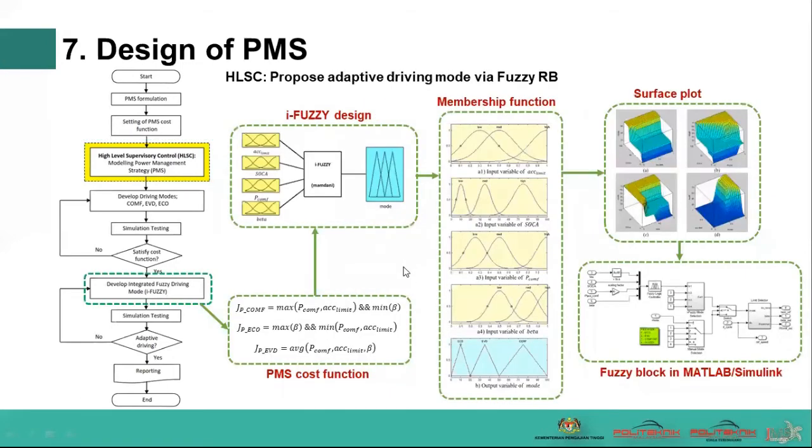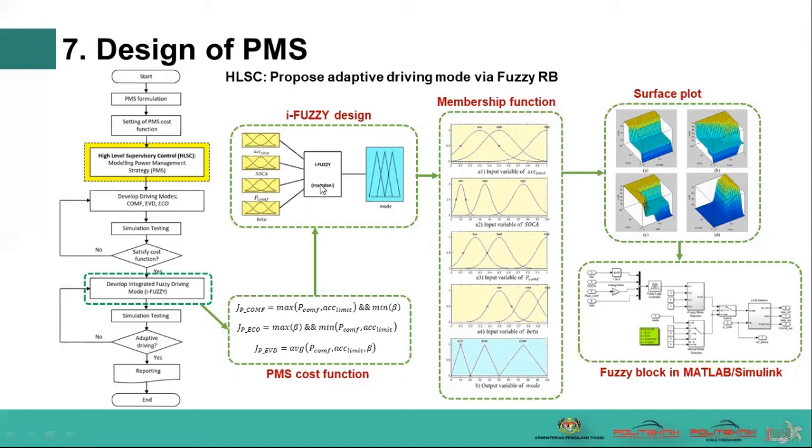The second part of PMS proposed adaptive driving mode via fuzzy rule based. The best mode will be automatically selected based on 4 input variables: the acceleration limit, high voltage battery SOC, power comfort level, and the regenerative coefficient or beta.